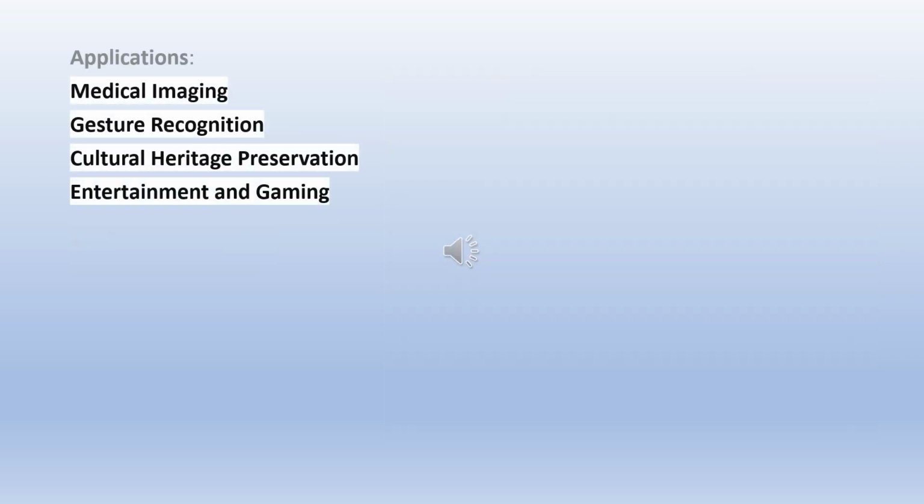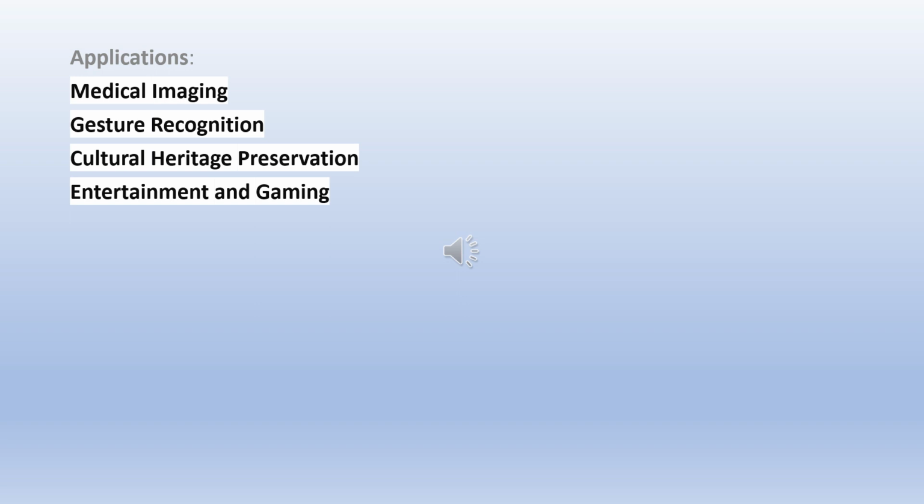Applications are in medical imaging, gesture recognition, cultural heritage preservation, entertainment, and gaming. Like in medical imaging, if we get a picture of some X-ray, MRI, or CT scan, then by changing the angle we can convert it into a 3D image.